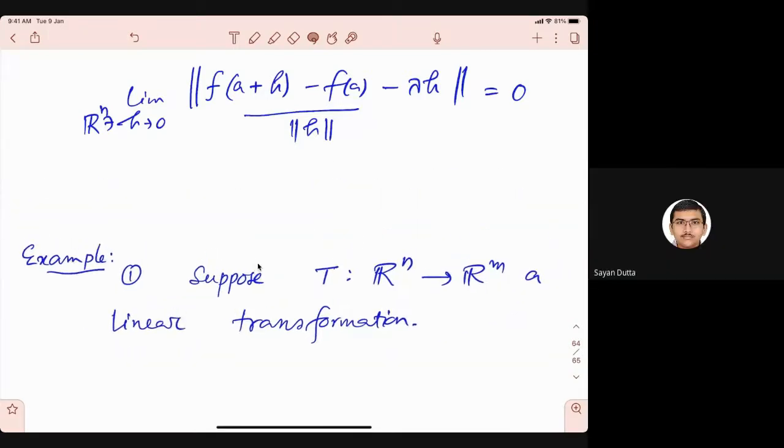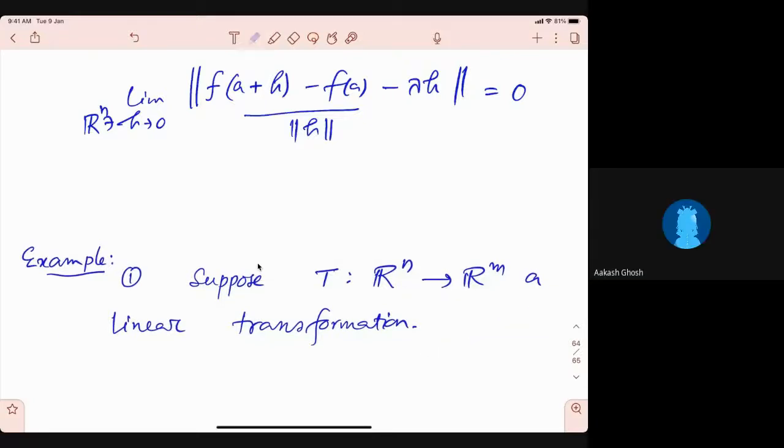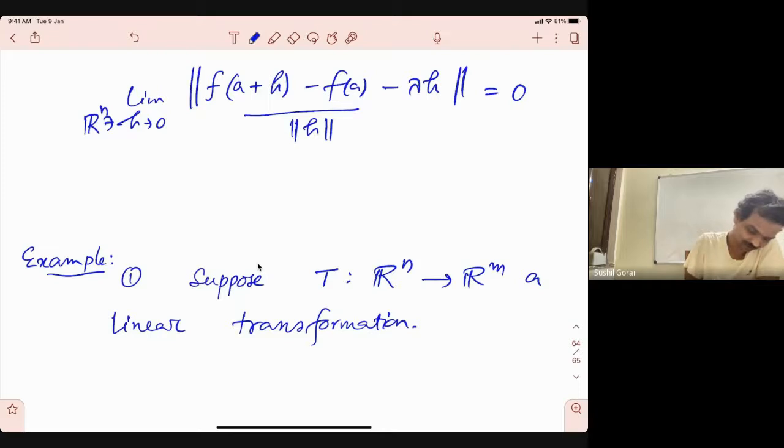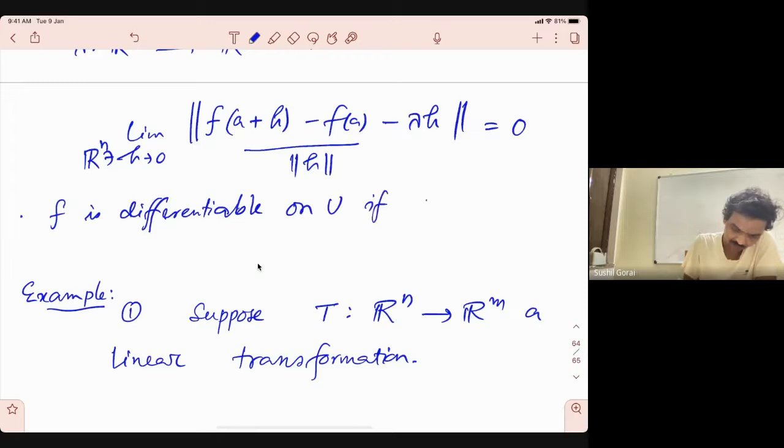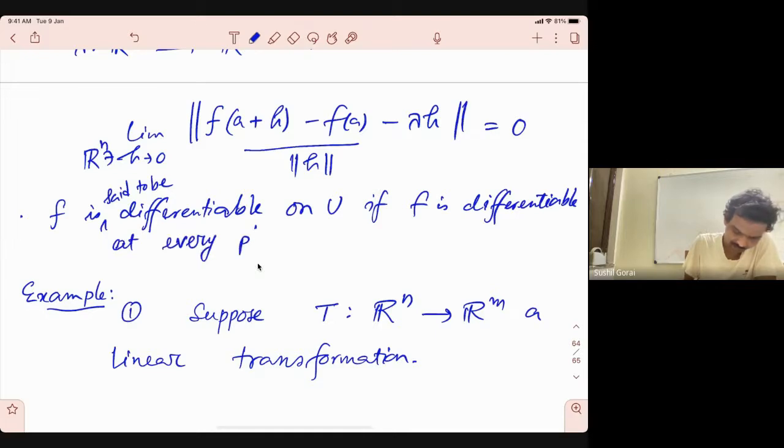It should be T itself, at a point a. The definition continues: f is said to be differentiable on U if f is differentiable at every point in U.